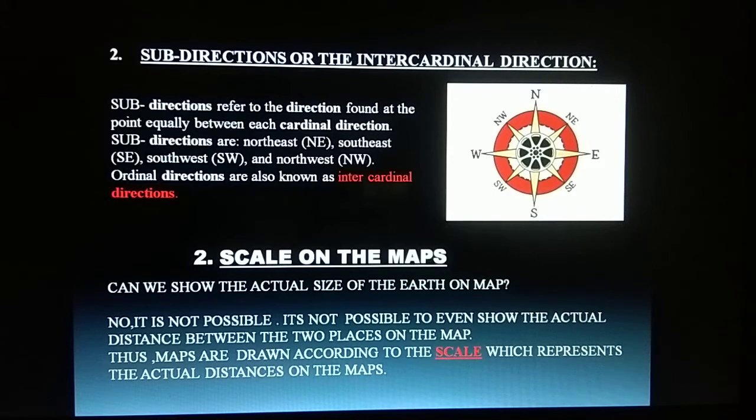So, a scale is drawn which represents the actual distance on the ground in the maps. Okay? This scale is the ratio between the actual distance on the ground and the actual distance on the map.